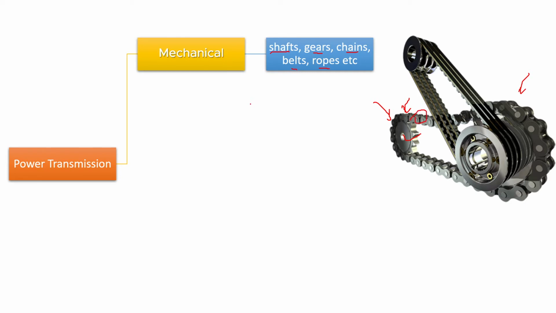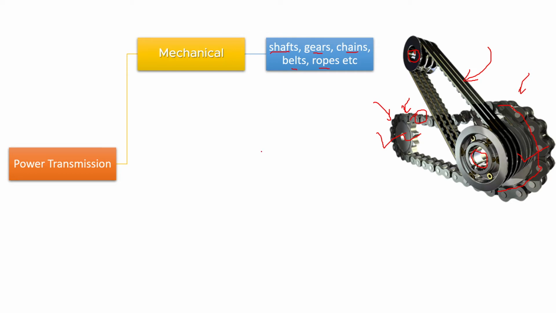This is the chain mechanism which is being used for the power transmission from this first part to this second part. In the same way over here from this shaft to this shaft, if I want to transmit a power, I can use the belt also. In the same way we can use the gears, rope and many more things. So these are the mechanical options available with us.